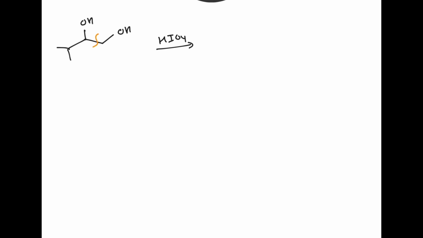So if you break this, I'm going to oxidize my alcohols each once, and I'm going to make formaldehyde, right? That's just something that you're not going to really want to care about. Same with if you do the same thing with KMnO4.